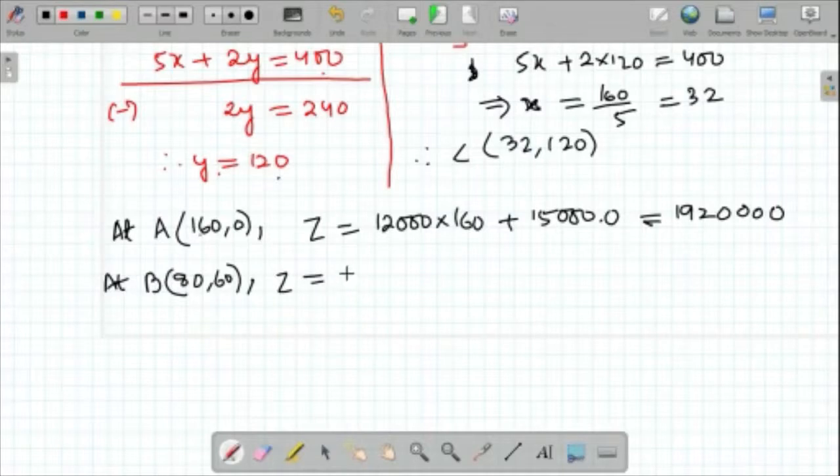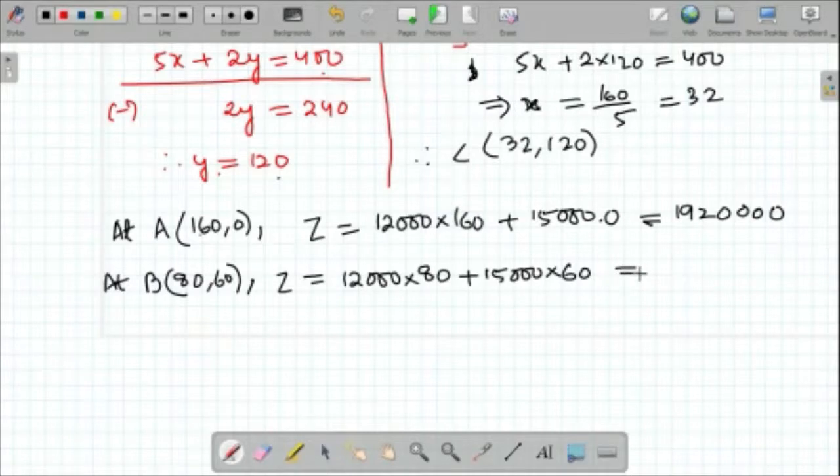What is that? It will be 12,000 into what is this? It will be 80 plus 15,000 into what is Y? 60.